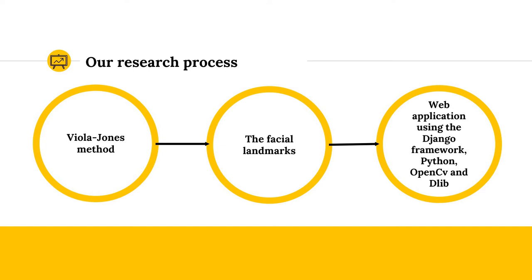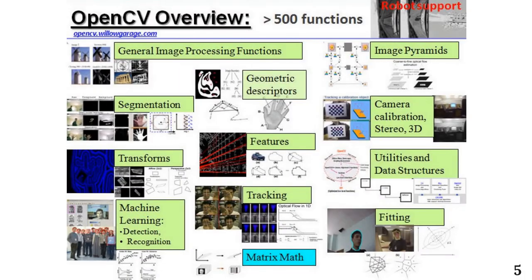We created a web application using the Django framework, Python language, OpenCV and Dlib libraries to recognize faces in the image. The implementation of computer vision can be done using the OpenCV library.